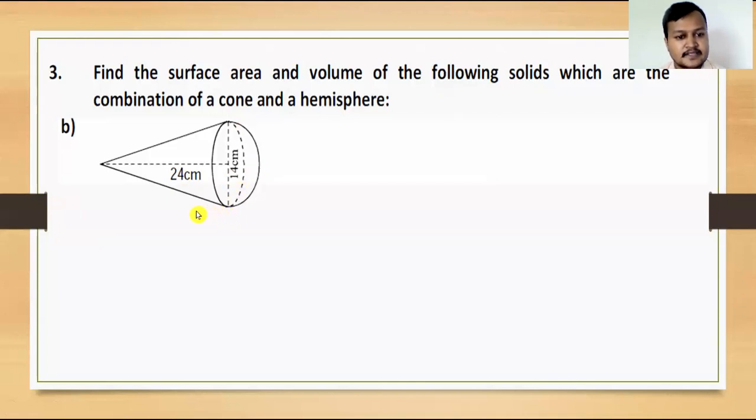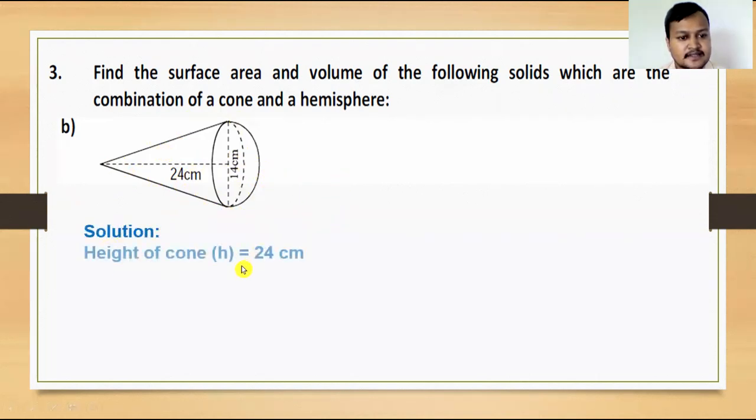If radius is 7 centimeter, we can find out the slant height by using Pythagoras theorem. L square is equal to h square plus r square. From that we will get the slant height. And after getting the slant height, pi r L is the curved surface area of cone. 2 pi r square is the curved surface area of hemisphere.